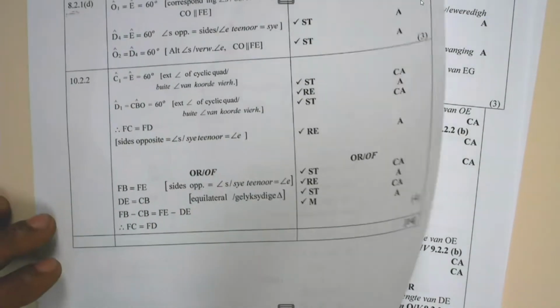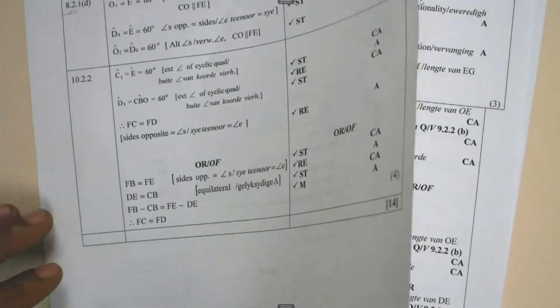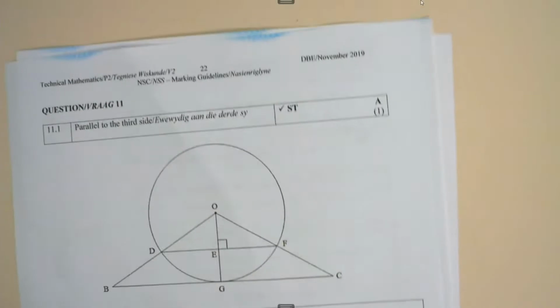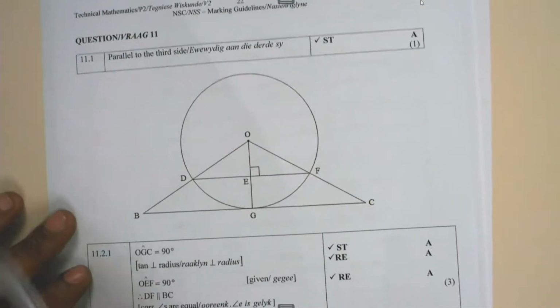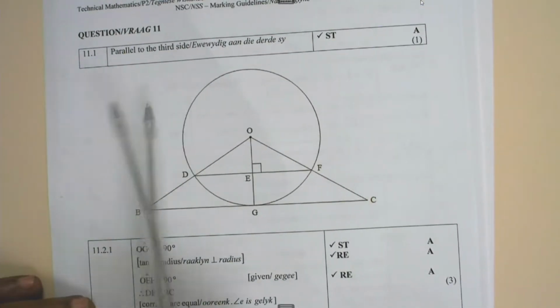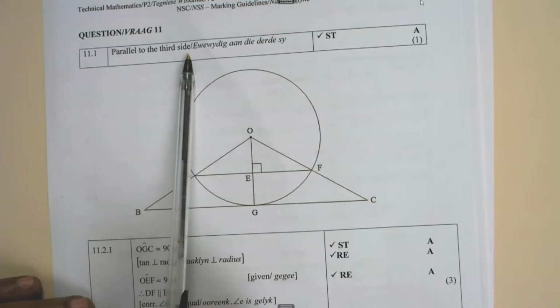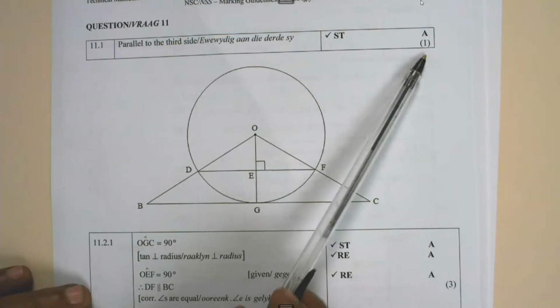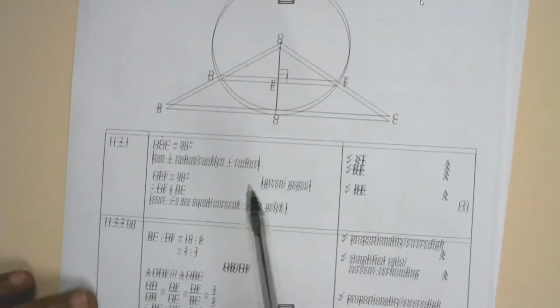And then coming to question 11, colleagues. Question 11, they need to also complete the theorem statement. A line parallel to one side of a triangle divides the other sides proportionally, accuracy mark, to complete the theorem statement.